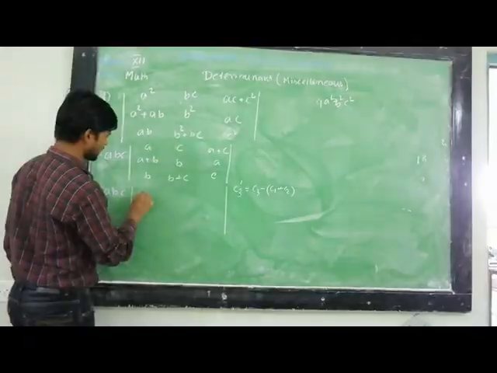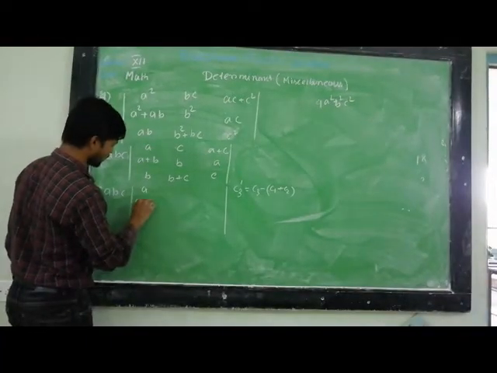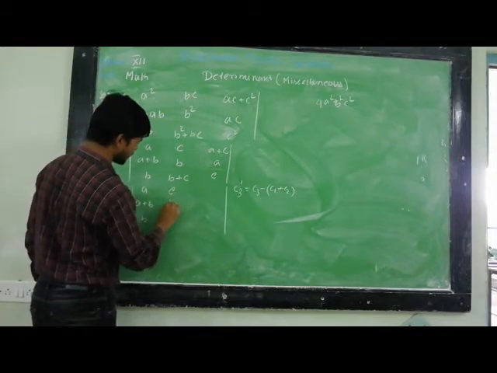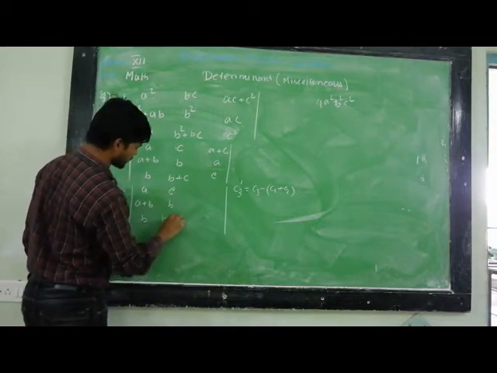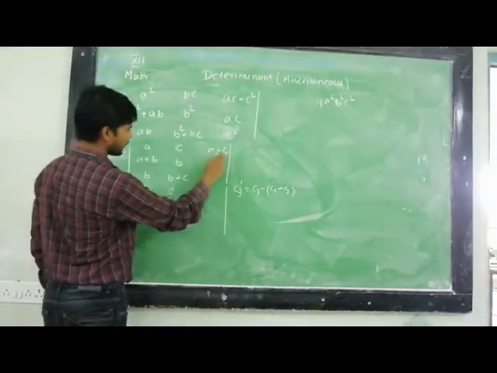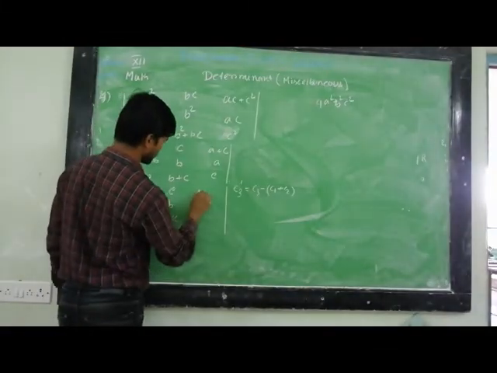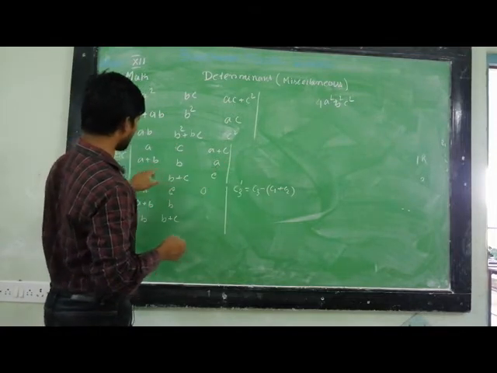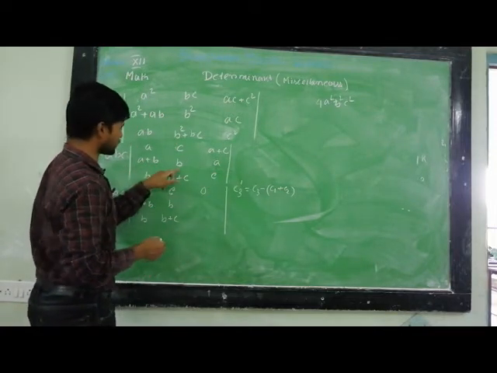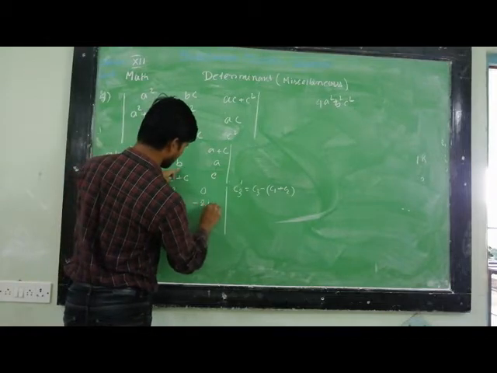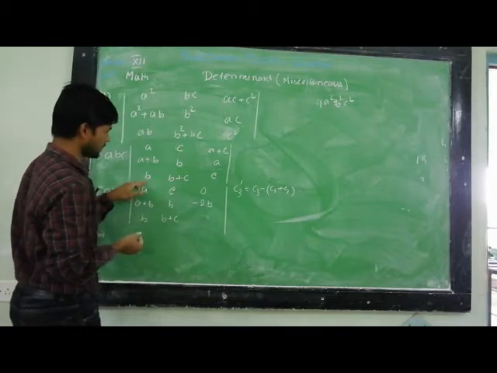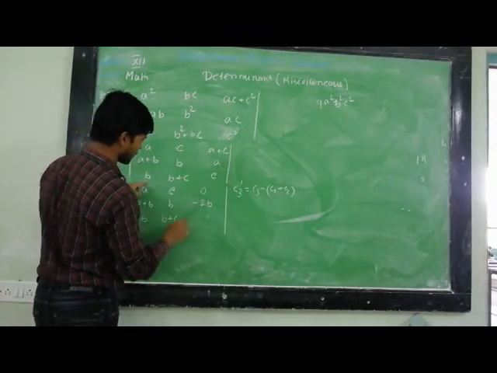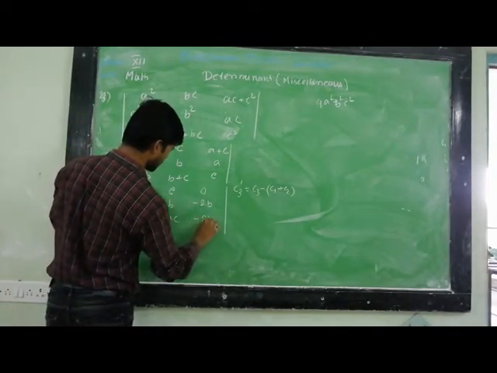So the first column will be the same, a plus b, b. The second column will be c, b, b plus c. And the third column will be a plus c minus (a plus c), so that will be 0. This result will be a minus (a plus b), which means minus 2b. And that will be c minus (b plus c), again minus 2b.